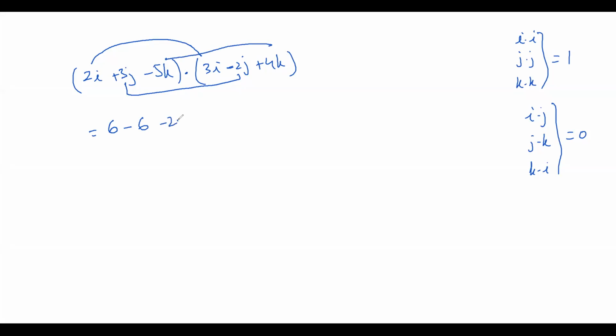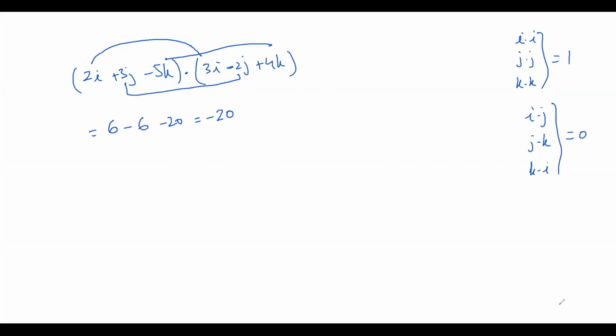So this is minus 20. So their dot product is going to be equal to minus 20. Okay? And you don't need to multiply this 2i with the 2j or 2i with the 4k or 3j with the 3i, because you know that when there's a combination of ij or jk or ki, their dot product is going to be equal to 0.